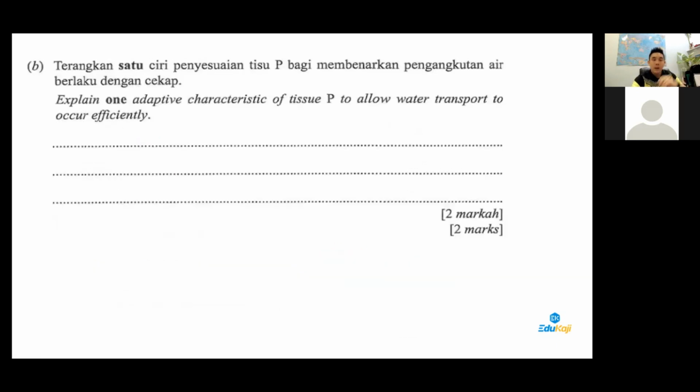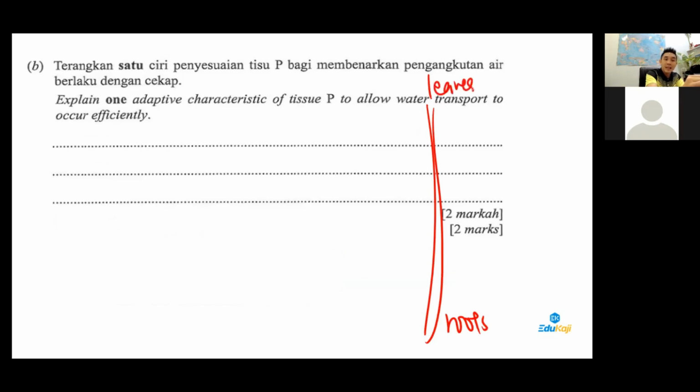Next, explain one characteristic that allows tissue P, which is xylem, to transport water more efficiently. 2 marks, so you have to give one adaptation, then followed by explanation. First of all, guys, xylem is a very long tube that stretches from the roots all the way to the leaves.